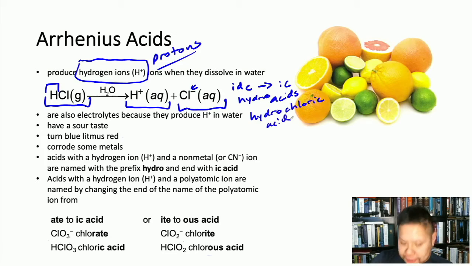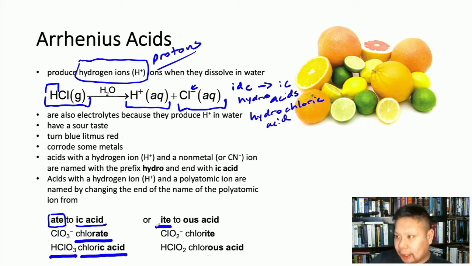Some more naming conventions to be aware of: if it is a polyatomic ion, usually ending in ate, it also becomes an ic acid, but there's no hydro. For example, the chlorate polyatomic ion, in an acid form with a proton there, becomes chloric acid.